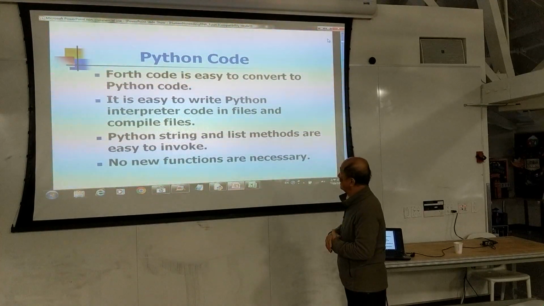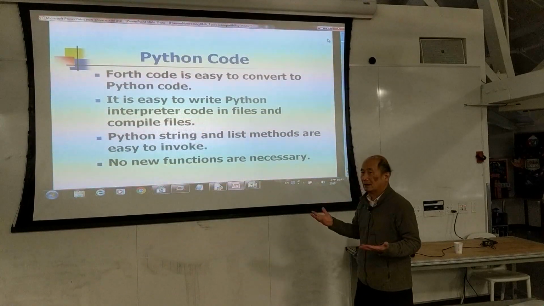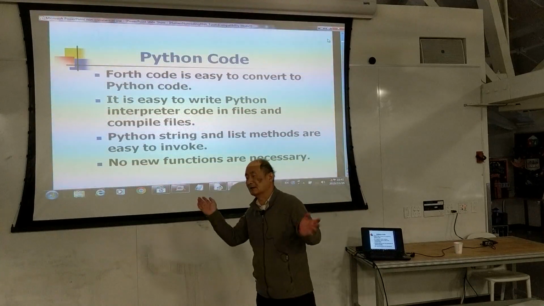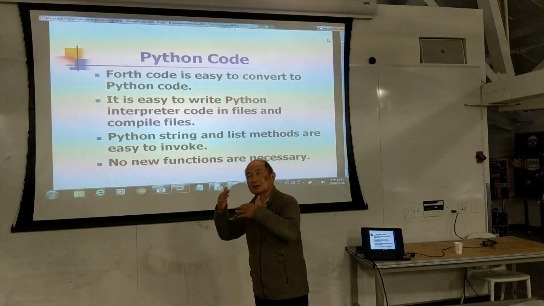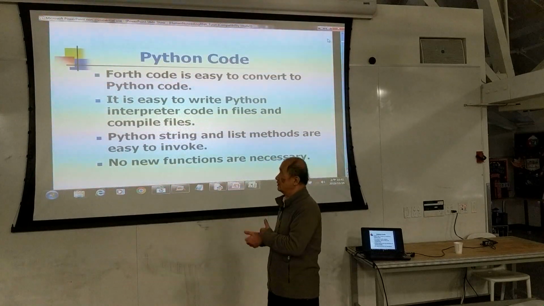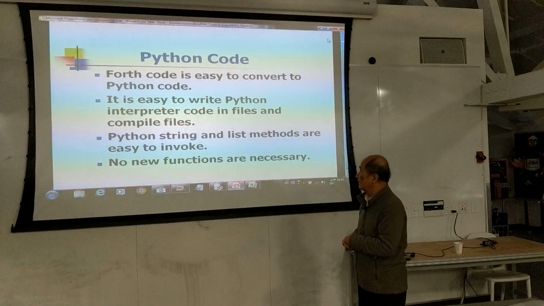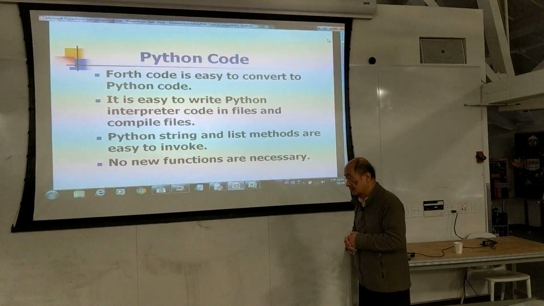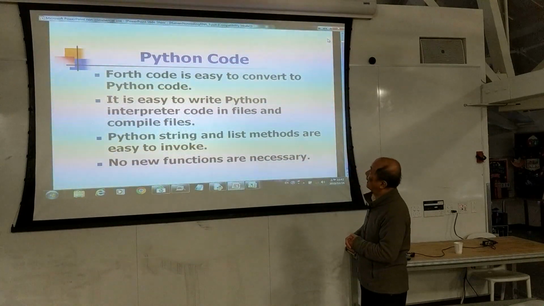With interpreter code, generally you just type a line and see what happened. But you can type in multiple lines, and the interpreter can handle that very smoothly. And if you find out that these few lines worked, just write them into a file and just load the file, and everything gets executed.